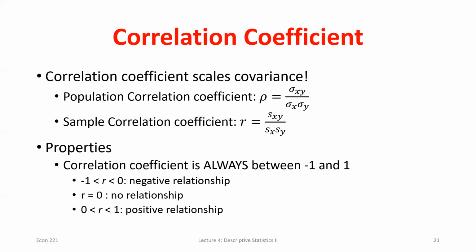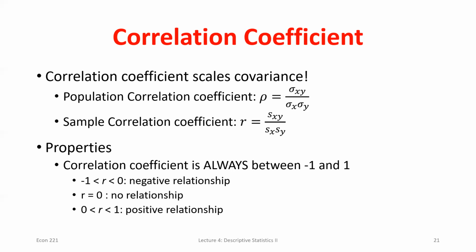So let's write this out. I'm going to keep this in terms of the population real quick, and I'll get out of the way. All right, so here's my equation for the covariance, just writing out that numerator.